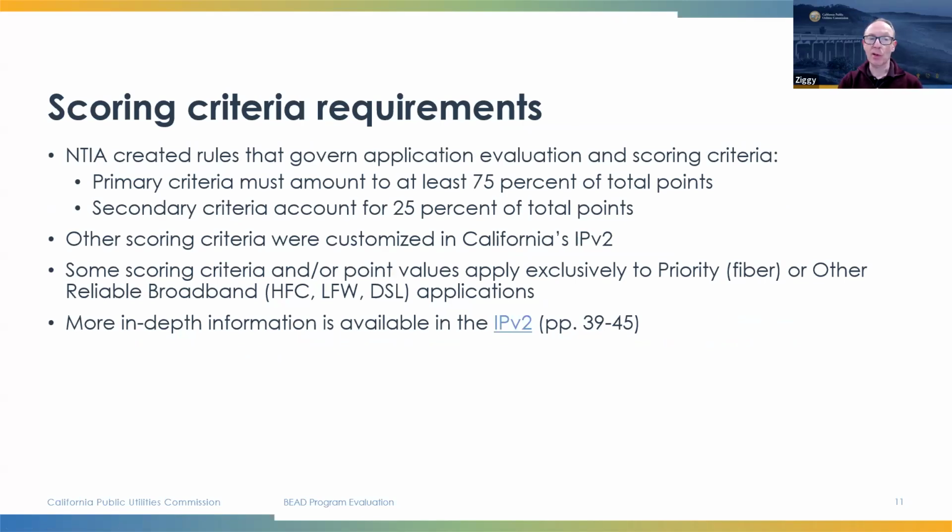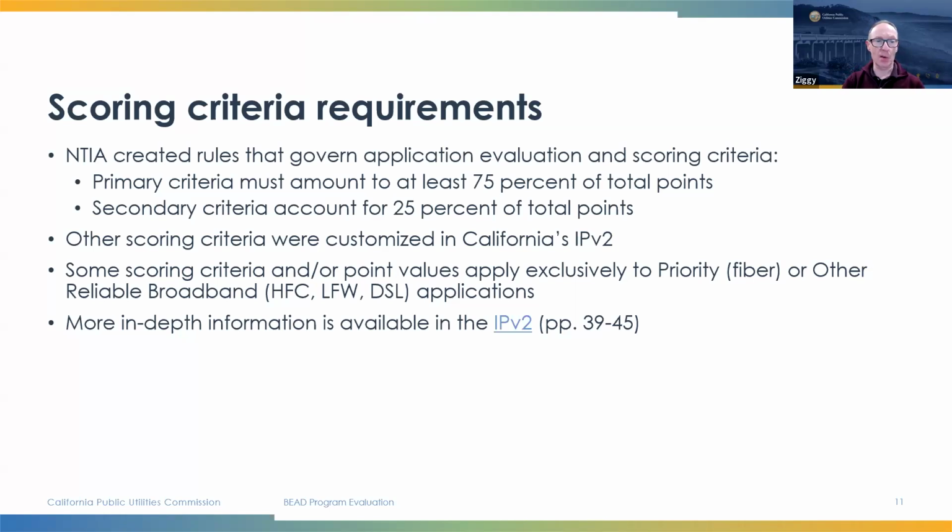So we're required to, and the IPv2 designed a set of criteria that are used for the formal evaluation of all projects that are submitted. And NTIA outlined some specific so-called primary criteria that has to make up at least 75% of all available points. And we'll go over this in a minute. And then some secondary criteria which make up the remainder of the total points available.